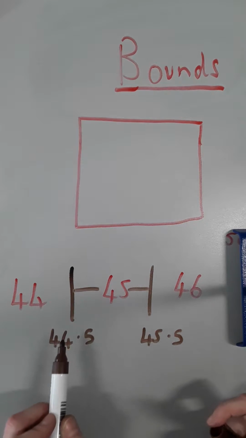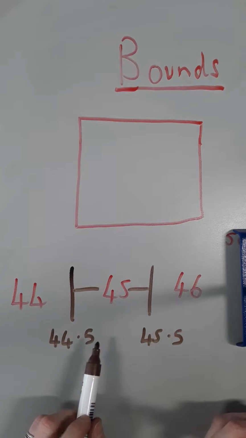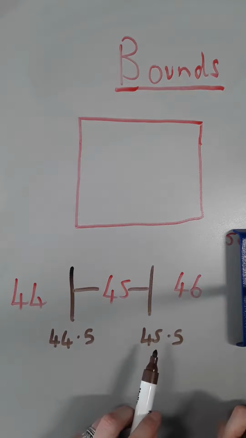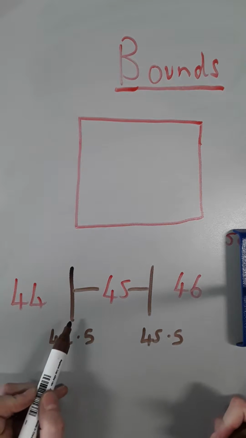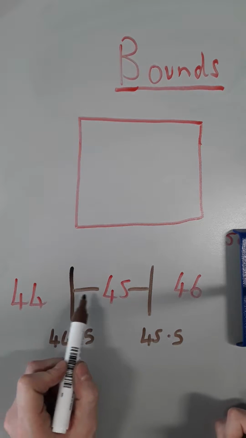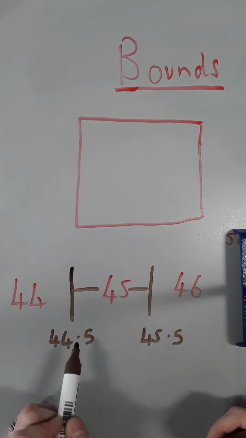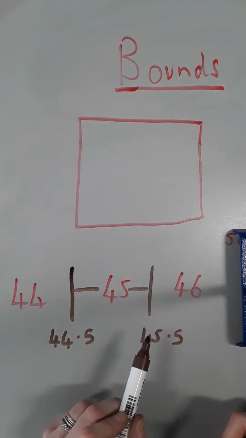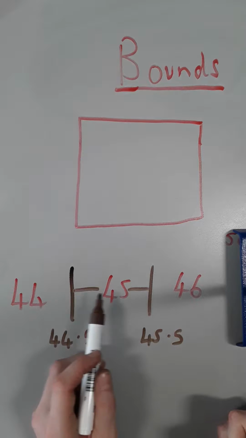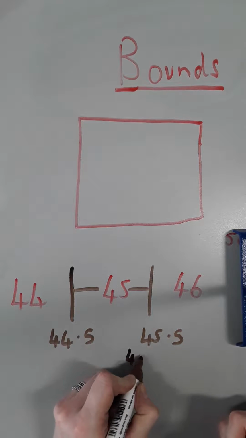So 44 and 45, the halfway or midpoint, which is a technical term, is called 44.5, and 45 and 46, their midpoint is 45.5. So basically any number that fits in this gap, so anything that's the same size as 44.5 or bigger, or equal to or less than 45.5, you round to 45.